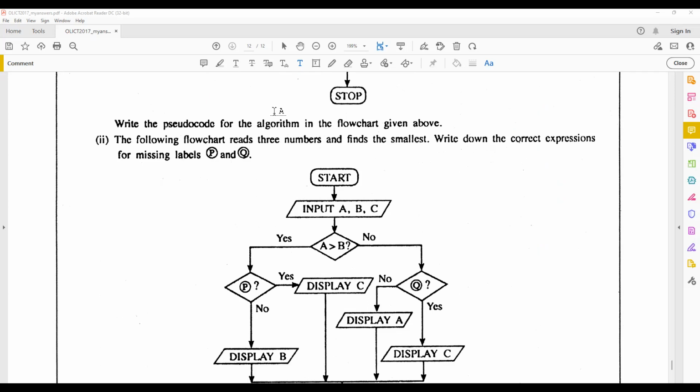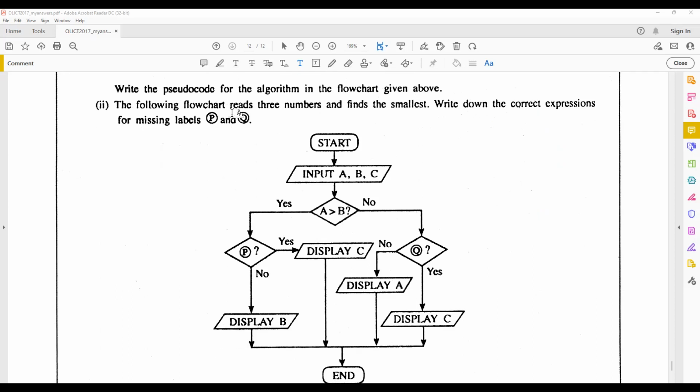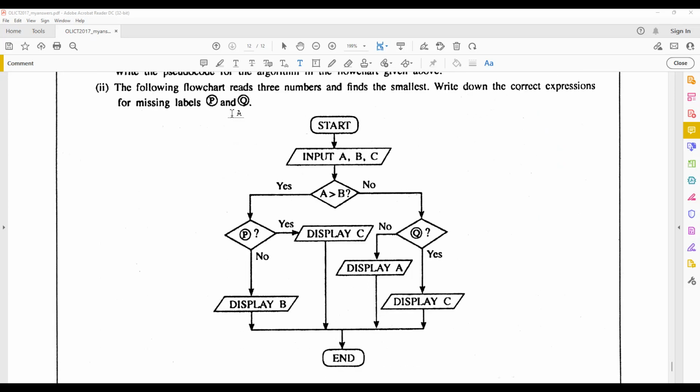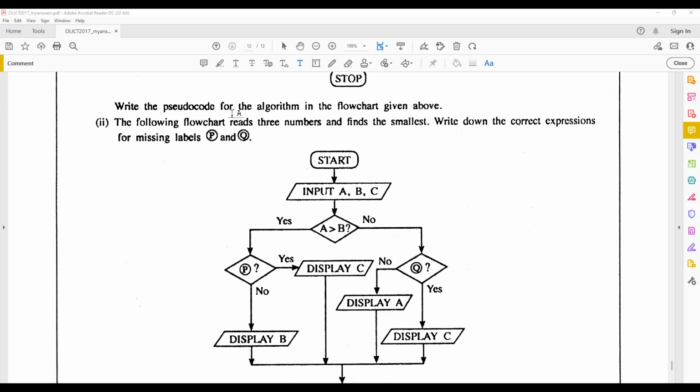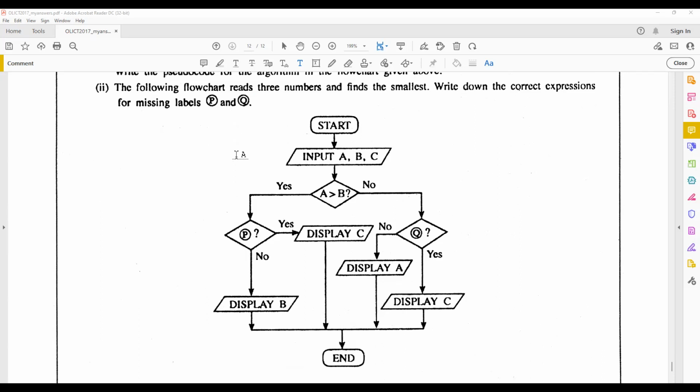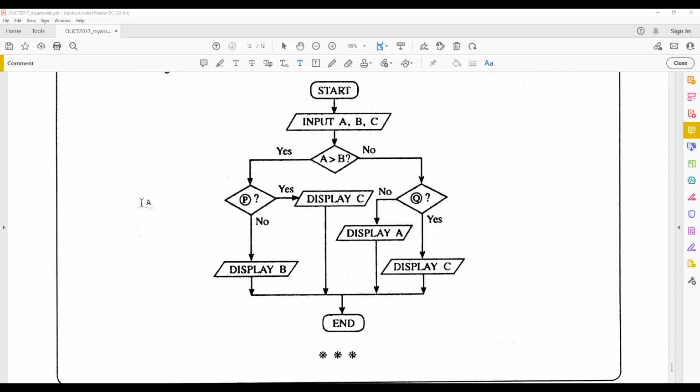Right, let's look at the last one now. In this particular case, we have a flow chart. Read 3 numbers and find the smallest. Write down the correct expression for missing labels P and Q. Simply we need to decide.